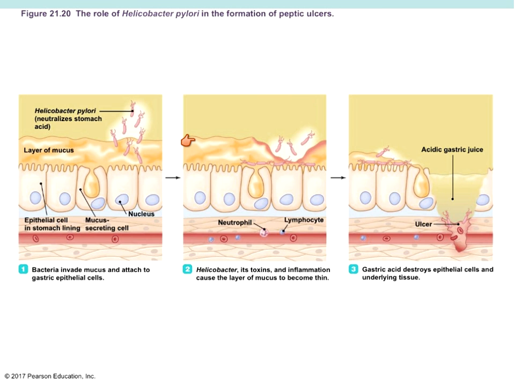So this is the mucus, and as a result of having all of those different enzymes that neutralize stomach acid and those toxins that cause inflammation of the cells, the gastric cells don't produce stomach acid like they're supposed to, so it kind of degrades away at that. And then the gastric acid, because we don't have that layer of mucous membrane to protect the stomach, is going to erode or destroy the epithelial cells and cause this ulcer.